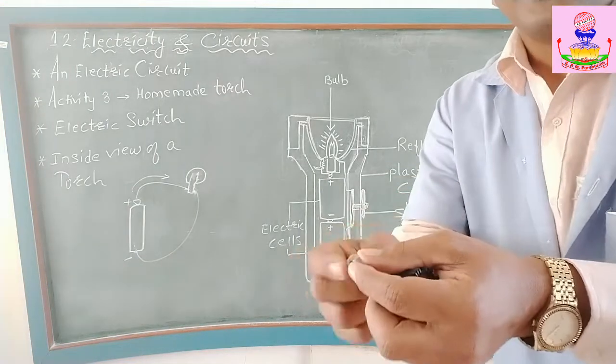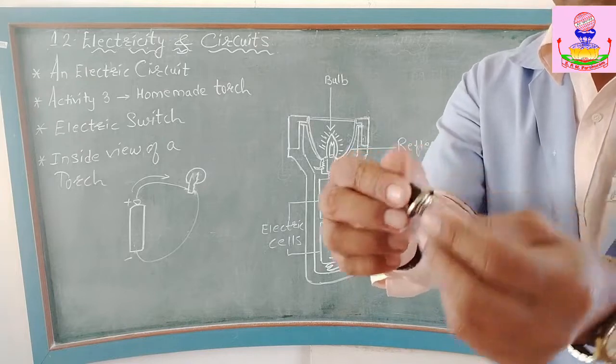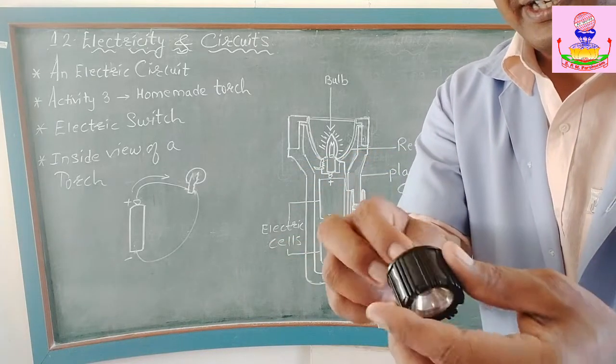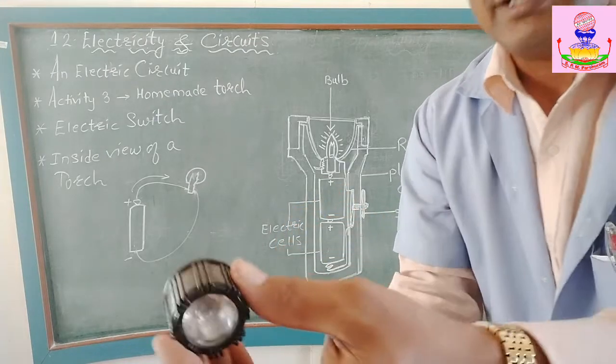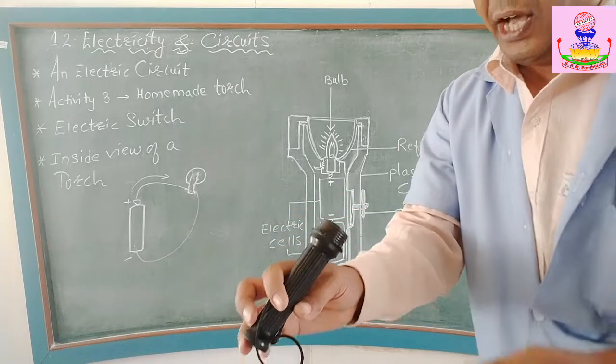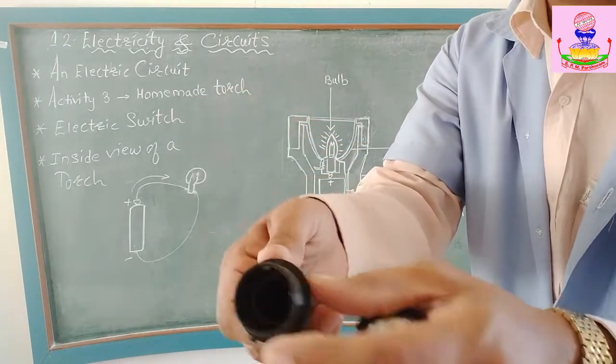This is the bulb, you can see here. And this is where the contact is made. We put the bulb like this and fit it here inside, and once you fit it, it is ready. Now there is a connection here inside, though I know you cannot see it here.